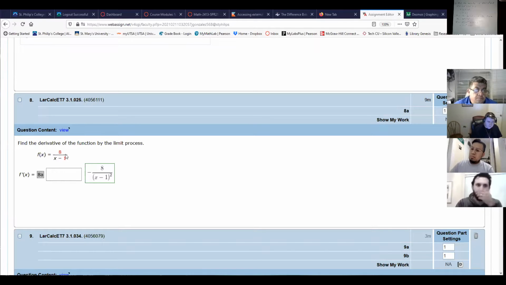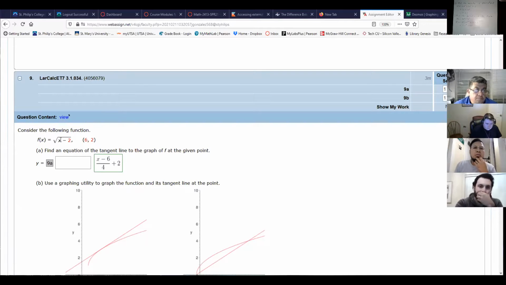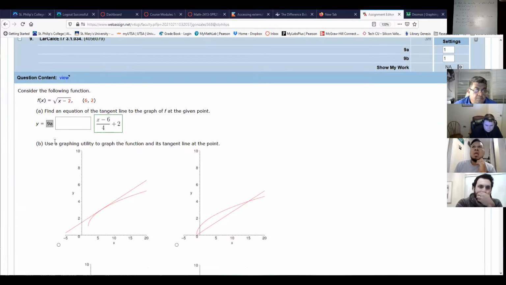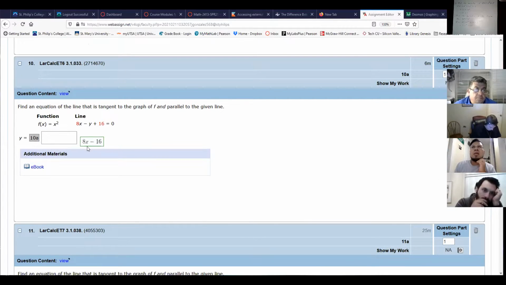You will need to use the limit process or more advanced derivative techniques. Same with this, you would have to do the limit process without fancy techniques, which we will talk about in the next section.